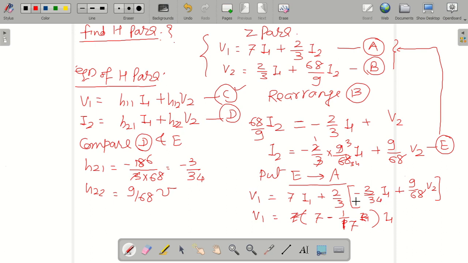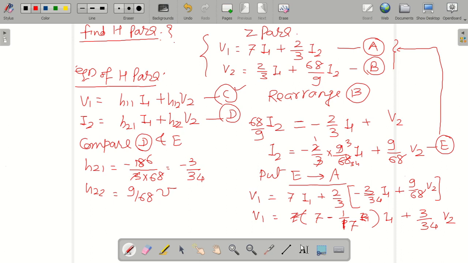I1 प्लस ये 3 हो जाएगा ये. सो 3 प्लस यहाँ आएगा 3/34 V2, right now.